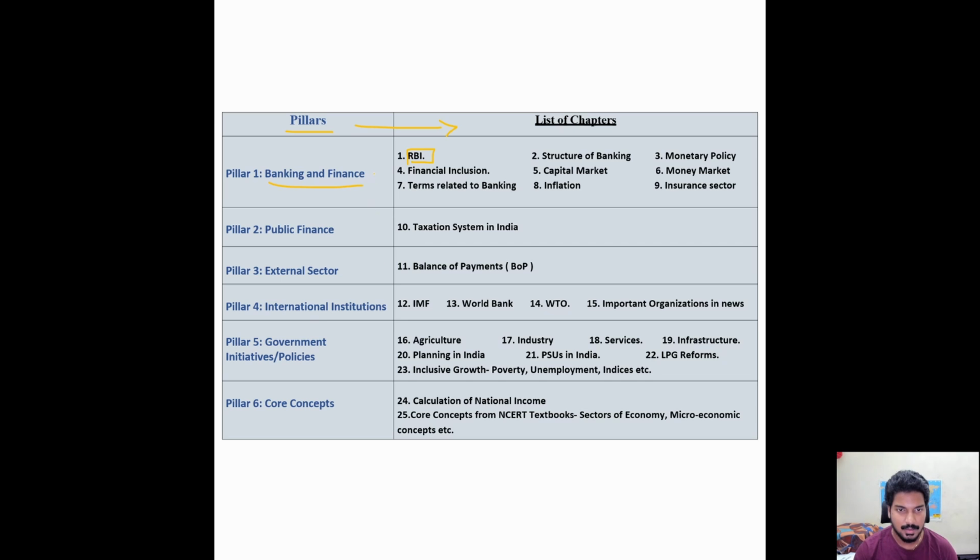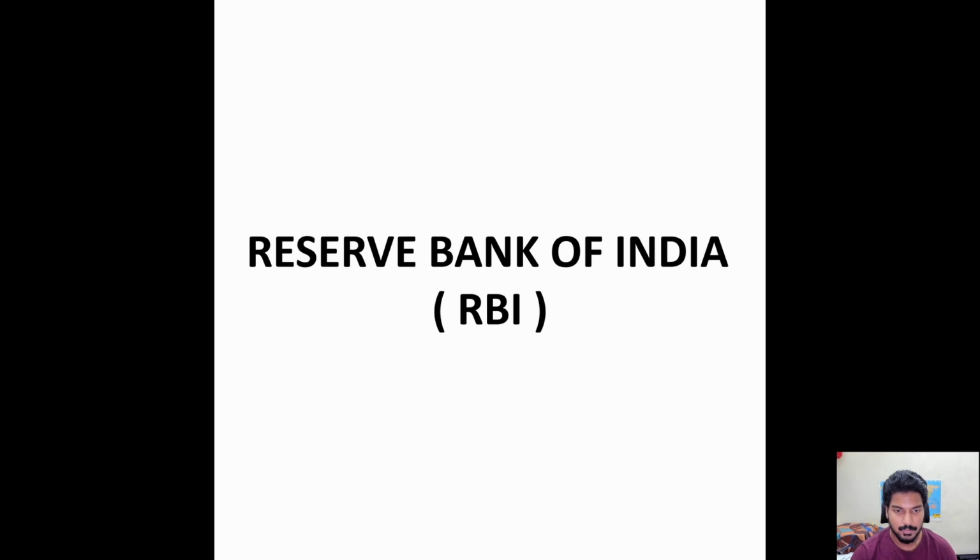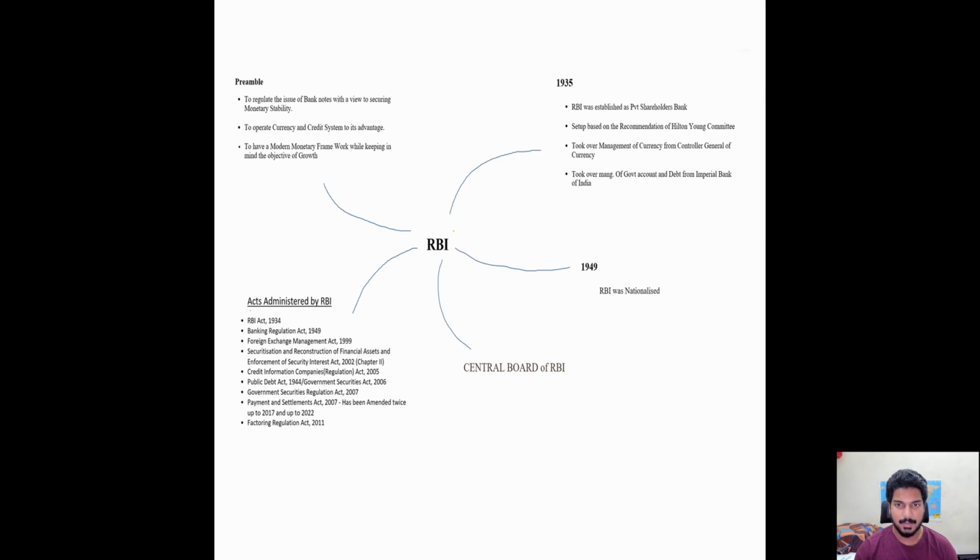The first pillar we are going to see is banking and finance, and in banking and finance we will be studying RBI as our first chapter. So let us look into RBI, Reserve Bank of India. RBI was established by the RBI Act of 1934 in the year 1935. So RBI was established as a private shareholders' bank.